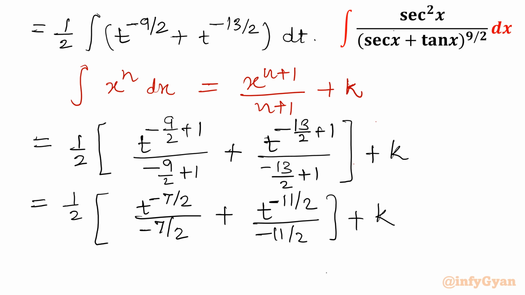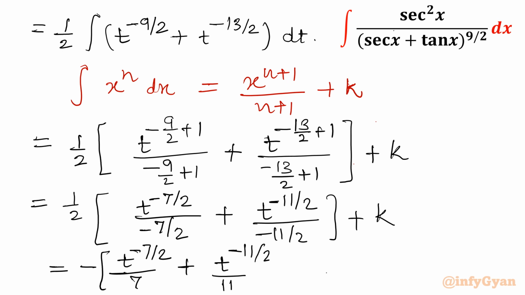The denominators go up, or you can insert this half directly, so that value will be t raised to the power minus 7 over 2 over minus 7, let me take the minus outside, so 7, plus t raised to the power minus 11 over 2 over 11, plus integration constant k.